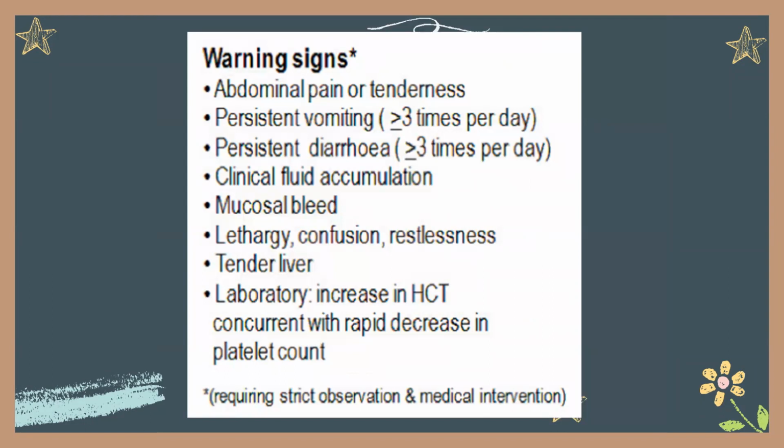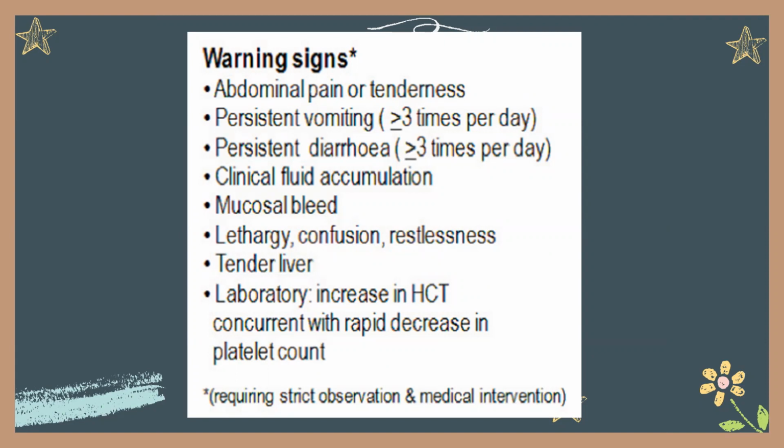Abdominal pain or tenderness due to plasma leakage, poor perfusion to the GIT system, persistent vomiting 3 or more, not just nausea. Meaning persistent vomiting 3 or more, persistent diarrhea 3 or more per day, clinical fluid accumulation, mucosal bleed, lethargy, confusion, restlessness, tender liver, increase in hematocrit with rapid decrease in platelet count.